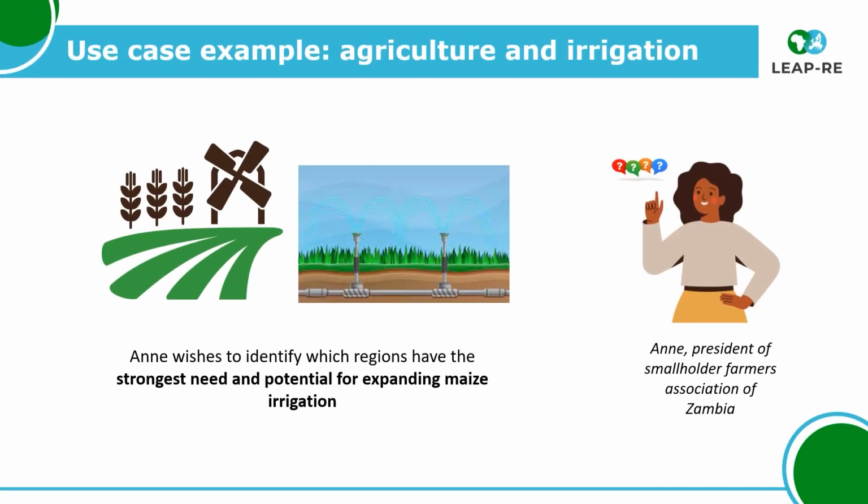Just to illustrate a simple use case, suppose Anne, who in our example is the president of the Smallholder Farmers Association of Zambia, wishes to use the RE4AFAGRi dashboards to identify which regions have the strongest need and potential for expanding maize irrigation.